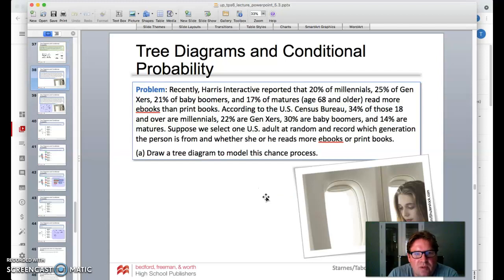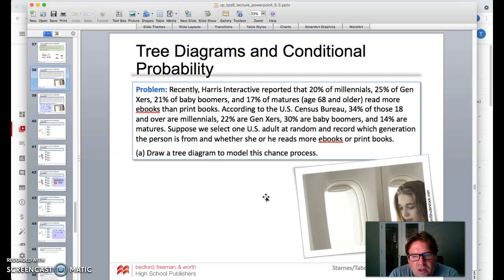All right, so let's talk about this problem. Recently, Harris Interactive reported that 20% of millennials, 25% of Gen Xers, 21% of baby boomers, and 17% of matures, 68 and older, read more ebooks than print books. According to the U.S. Census Bureau, 34% of those 18 and over are millennials, 20% are Gen Xers, 30% are baby boomers, and 14% are matures.